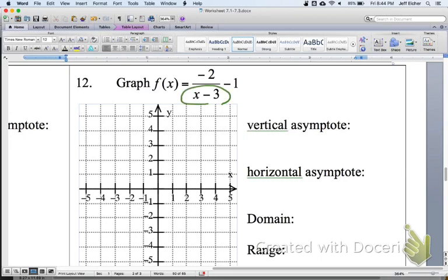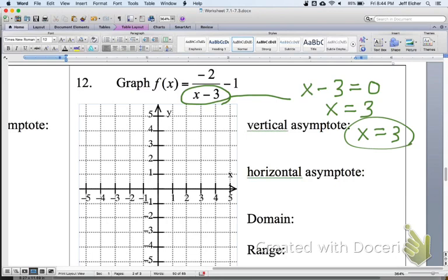Again, the vertical asymptote is when this denominator would equal 0. It's going to be a break in the graph. It's not continuous. So that would be at x equals 3. Vertical asymptote here. The horizontal asymptote typically is at y equals 0. However, you have this shift right here that it's shifting down 1.